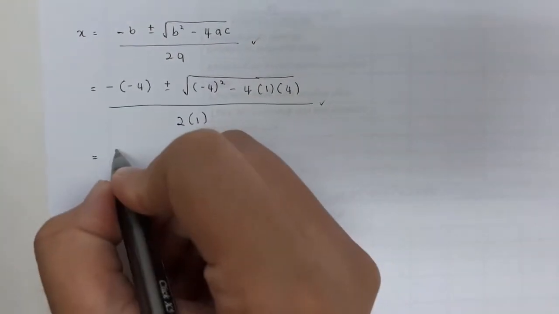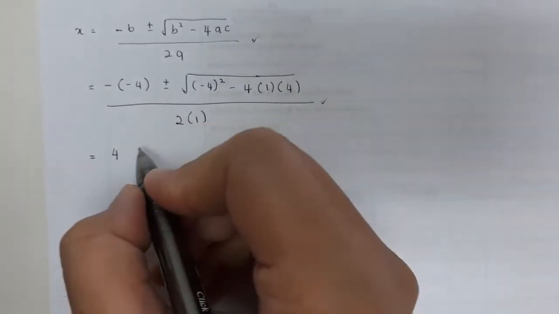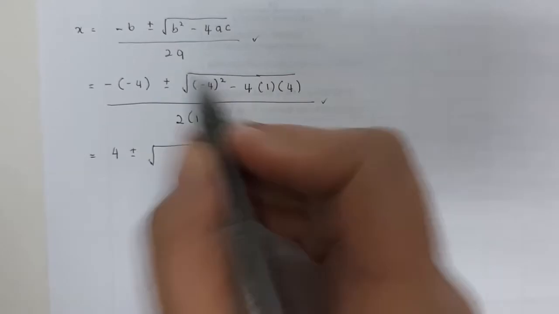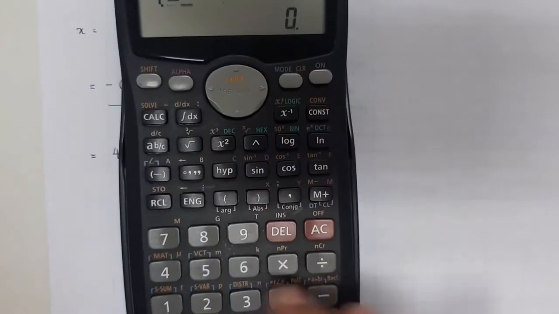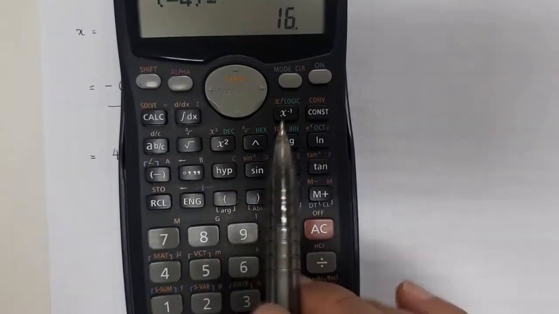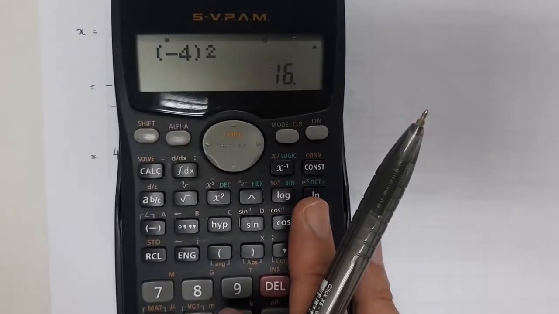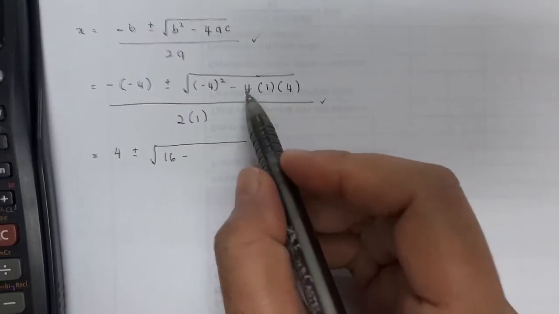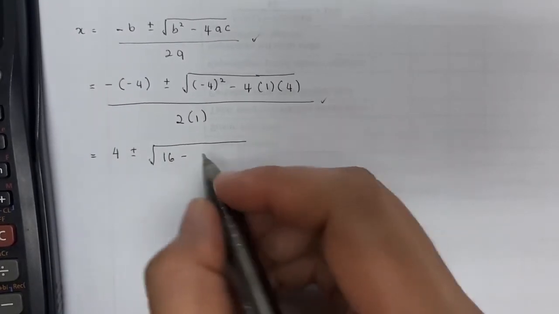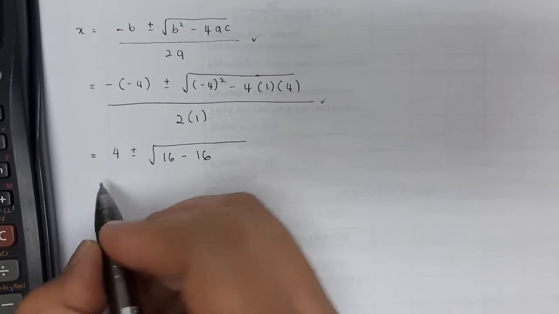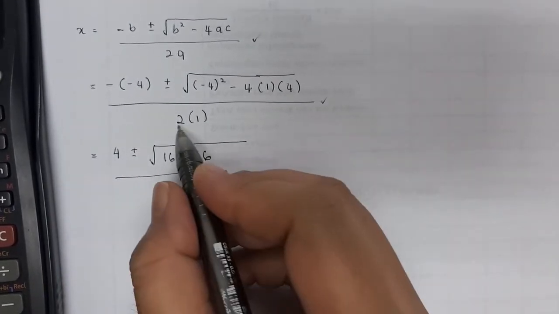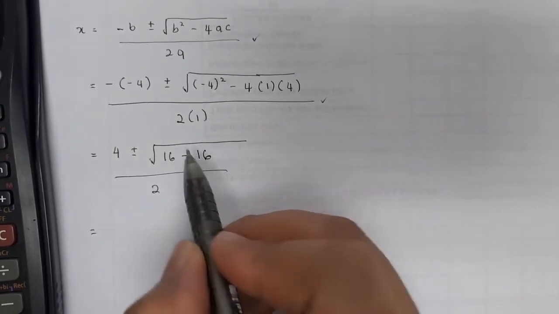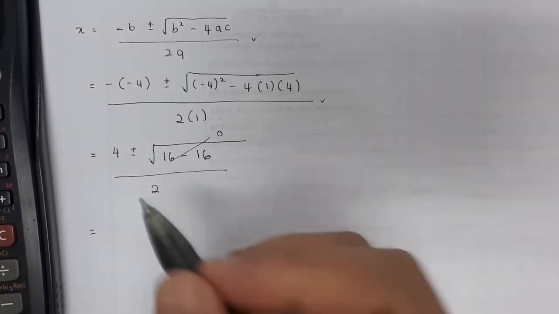Negative 4, positive, plus minus square root. Negative 4 square is 16. 16 minus 4 multiplied by 1 multiplied by 4, 16, over 2 multiplied by 1, 2. 16 minus 16 is 0.